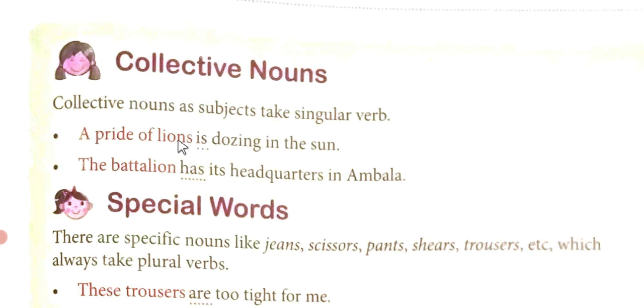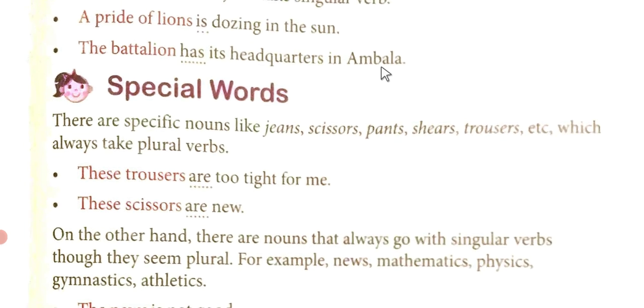So it is counted as one. So here the singular verb has been used, is. The battalion has its headquarter in Ambala. Battalion is counted as singular. So here the verb used is has, and it is a singular verb.